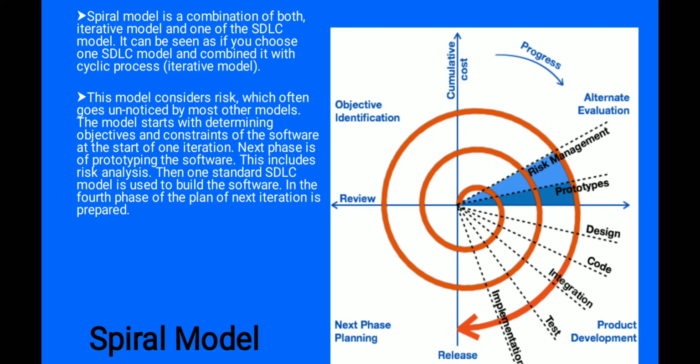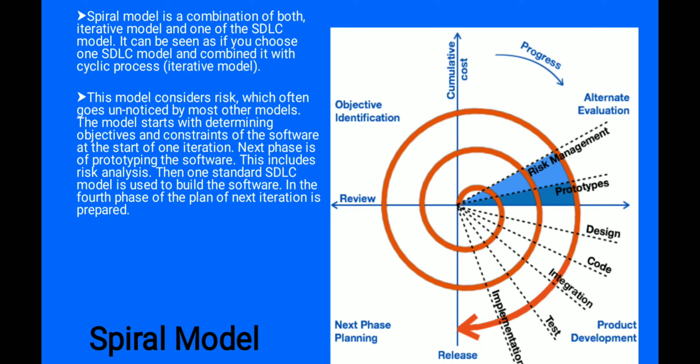The starting point is at the middle, that is 0 location. You can see the x-axis and y-axis, the midpoint is 0. When it starts, it covers risk management, prototypes, design, code, integration, test, implementation.